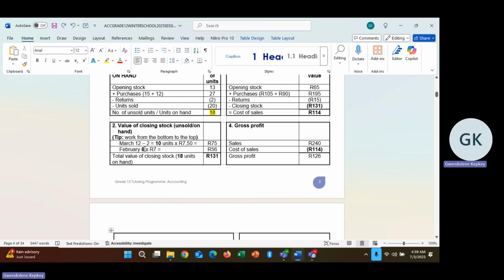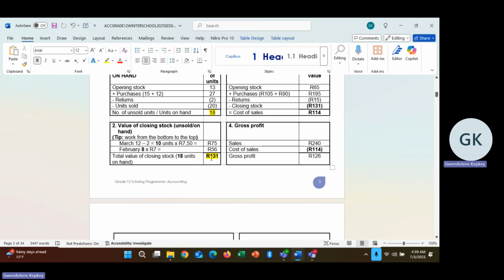So 8 items left, 7 rand per unit. It gives me R56. Therefore, the rand value of my items that I have left at the end of March is R131, the value of it.